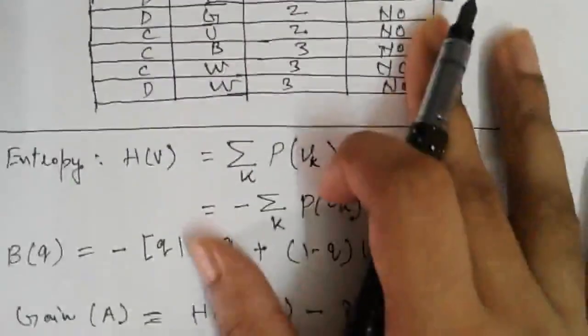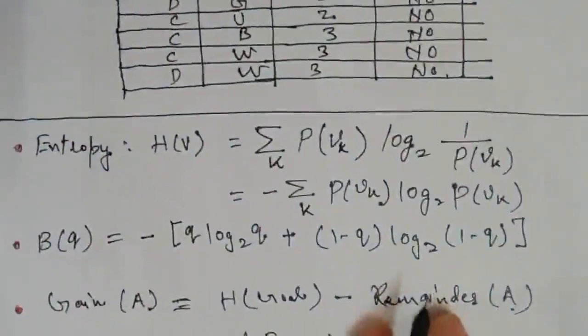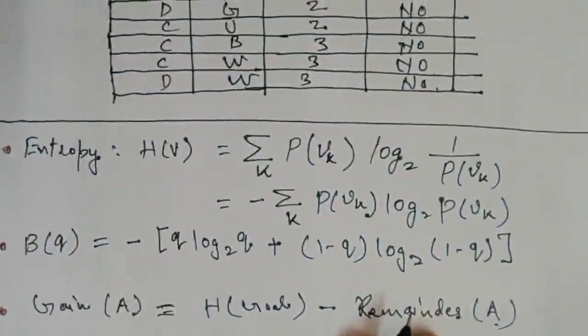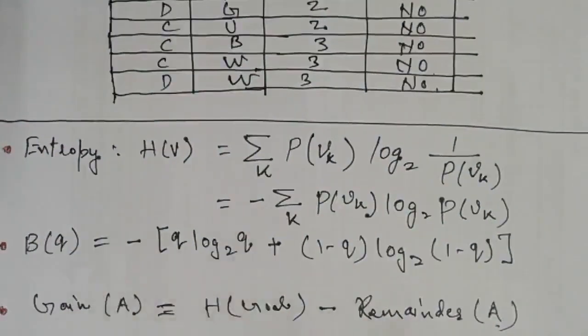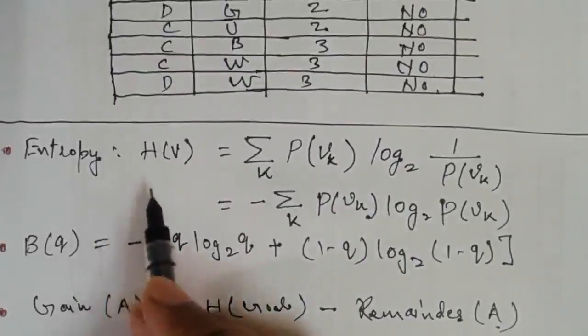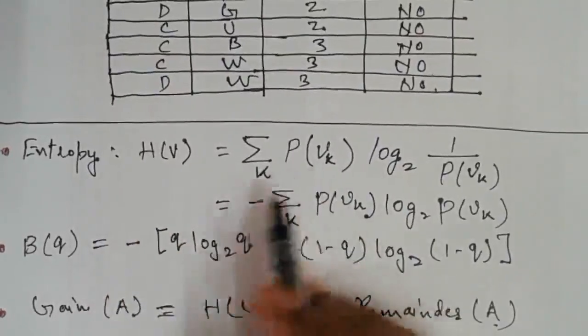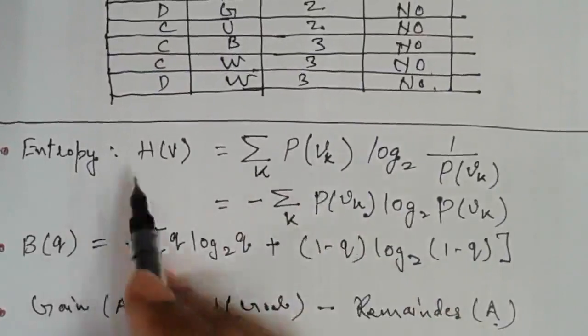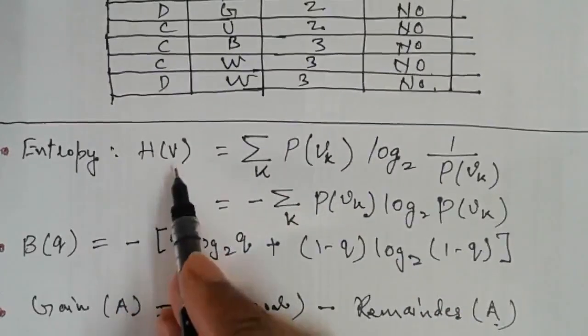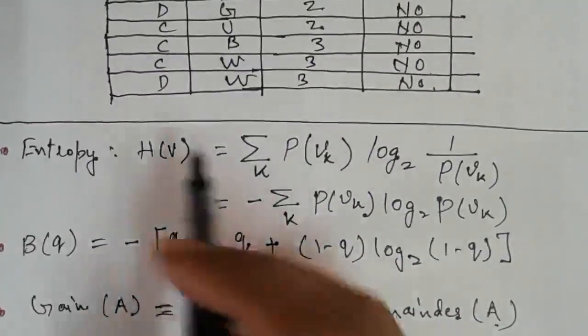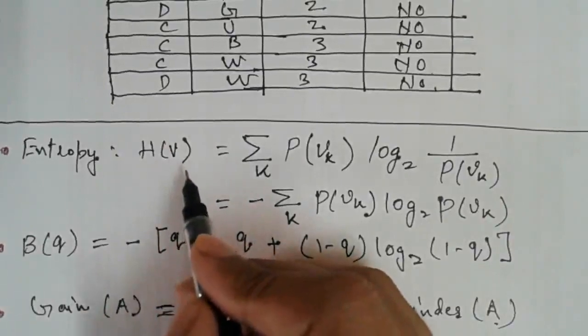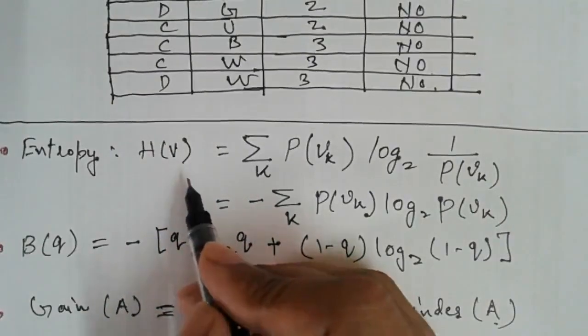So if we recall the theory, what is entropy? Entropy gives you the uncertainty in the information. Entropy can be calculated in terms of an attribute with values v1, v2, v3.